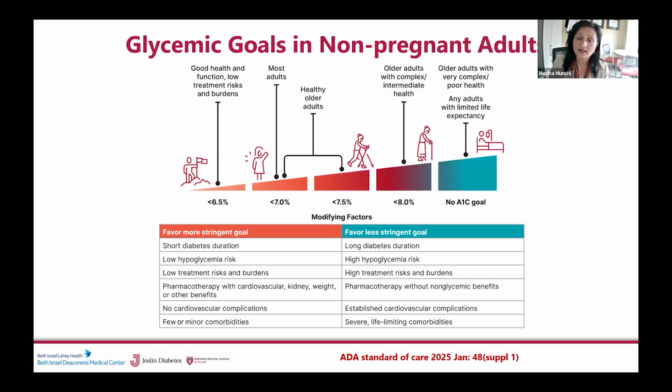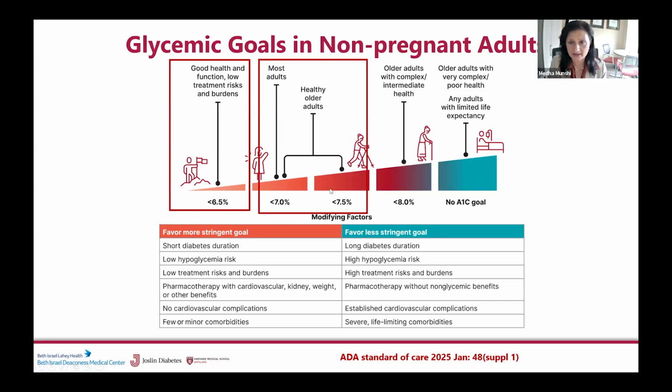The American Diabetes Association standards of care have done a really good job of integrating this into the glycemic goals in non-pregnant adults, where for people who are in good health and function and with a low risk and burdens, you try to tighten the glycemic goal, as seen in A1C here, to less than 6.5%.